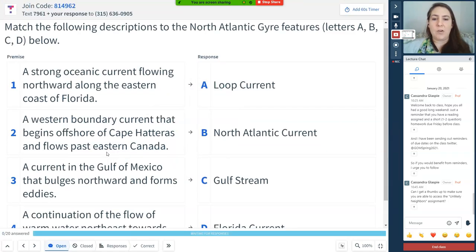Those features are the Loop Current, North Atlantic Current, Gulf Stream, and Florida Current. Make sure you hit submit on your answers.